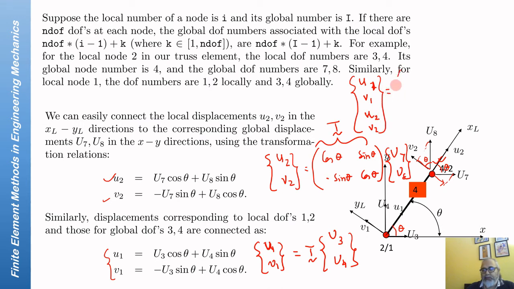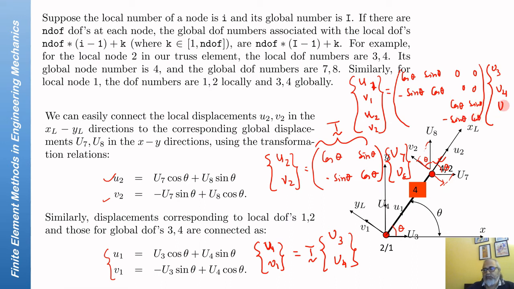So now if I want to write the whole thing, U1 V1 U2 V2, I can write it as a 4 cross 4 matrix where this is cos theta sin theta minus sin theta cos theta times U3 U4, and then cos theta sin theta minus sin theta cos theta times U7 U8.